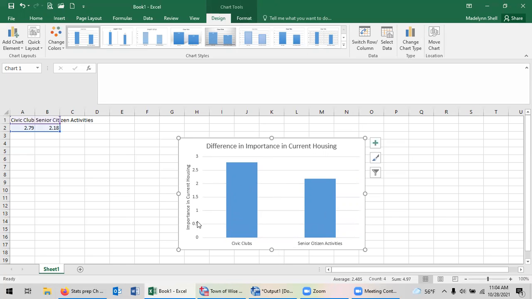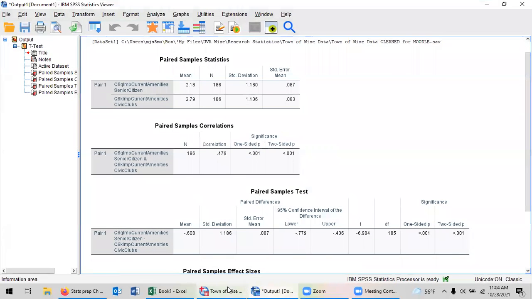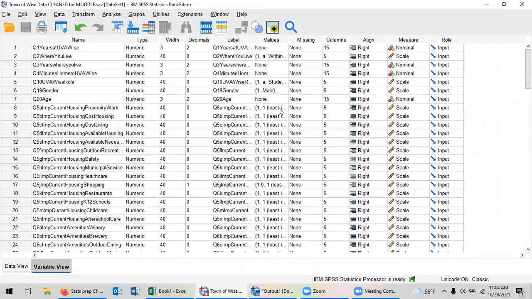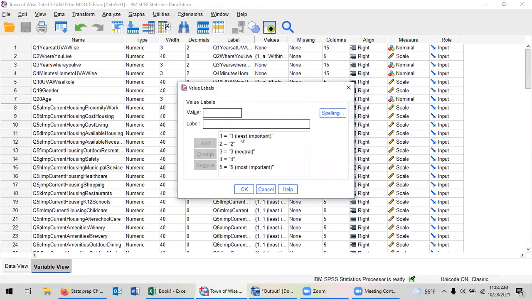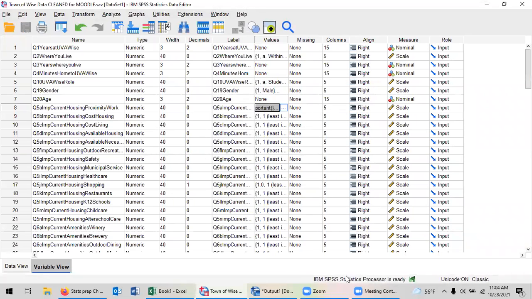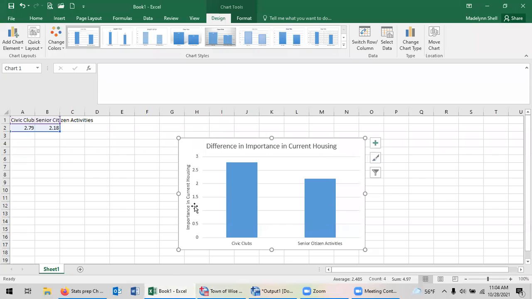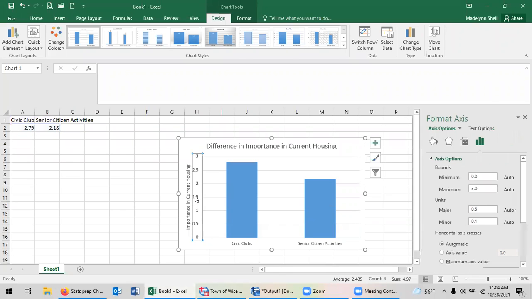Something else that we might think about changing is this. This scale is created automatically. It goes from 0 to 3. But if we go back to our data and look at the answer options or go back to the questionnaire, people are rating this on a scale of 1 to 5. So 0 isn't even an option, so having 0 in our graph is probably not a great idea. If you double click on these, you can actually change the axis options.